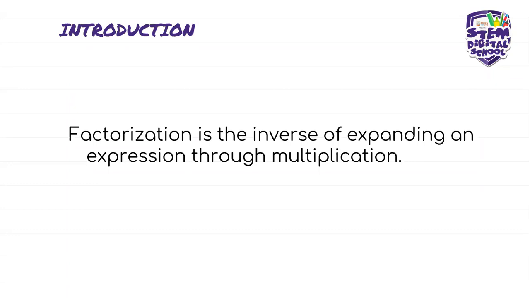Now, when we talk about factorization, we are basically talking about the inverse of expanding an expression through multiplication. So in this case, we just have to find a common factor if you are given a binomial, a trinomial, or a polynomial.